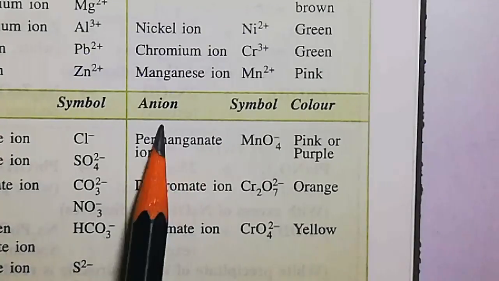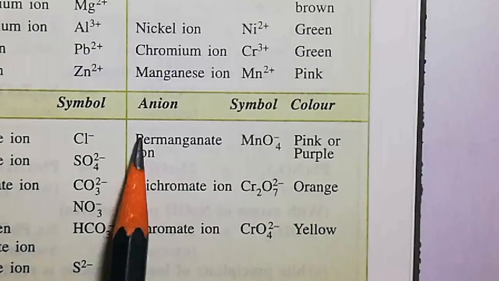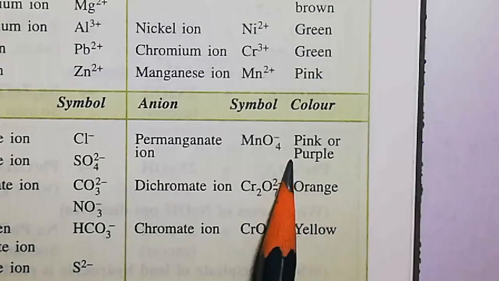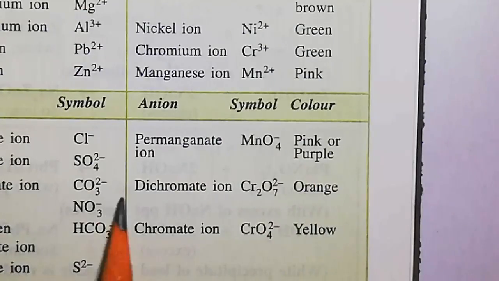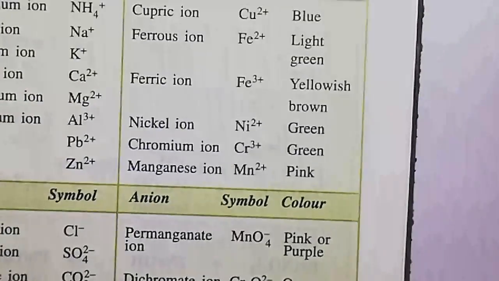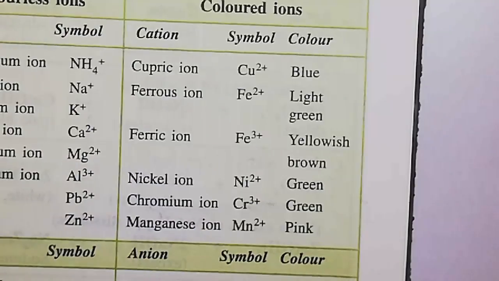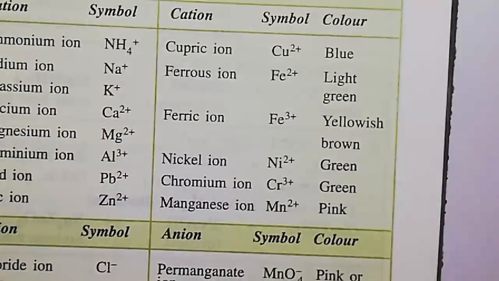Among the anions, permanganate is pink or purple depending on concentration, dichromate ion is orange, and chromate ion is yellow. So we must memorize the color of the cations and the anions.